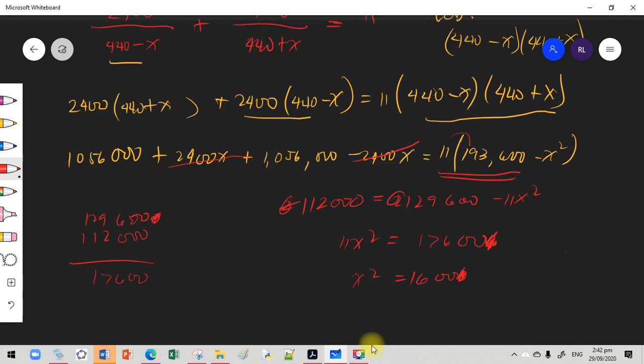The square root of 1,600, the positive one, is 40. Therefore, that's 40 miles per hour. Therefore, the speed of the wind is 40 miles per hour.